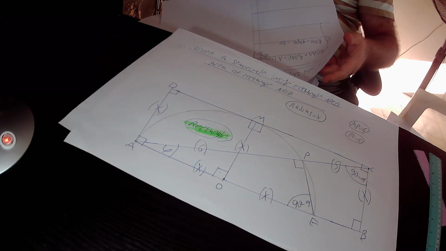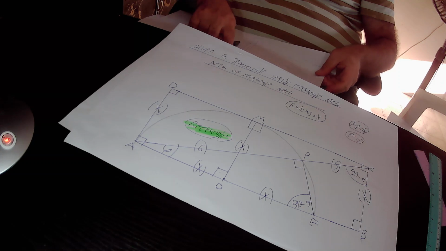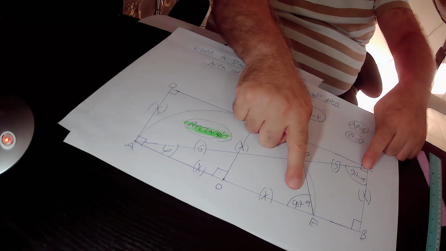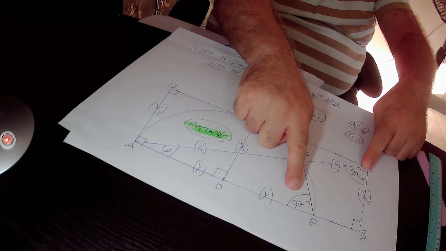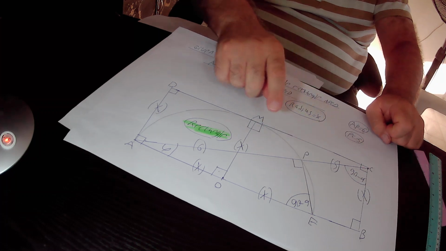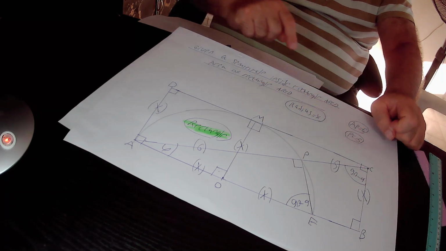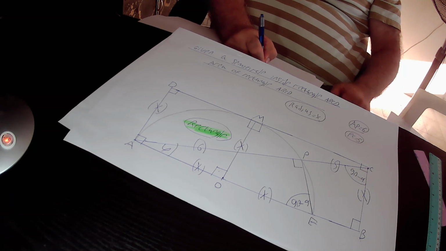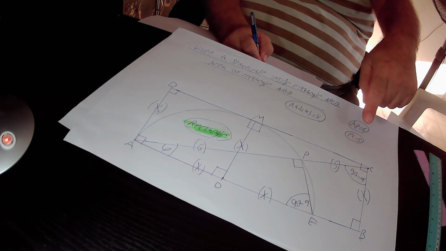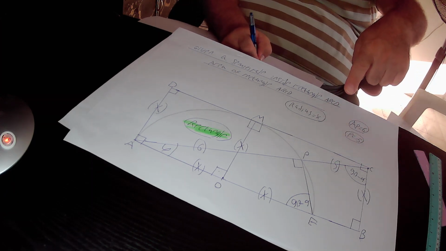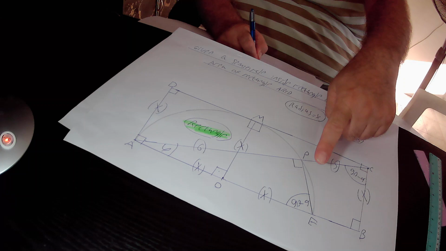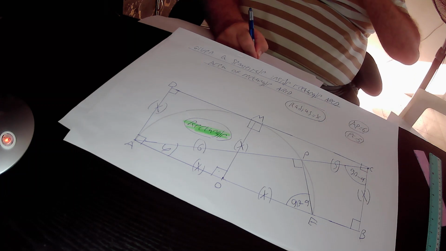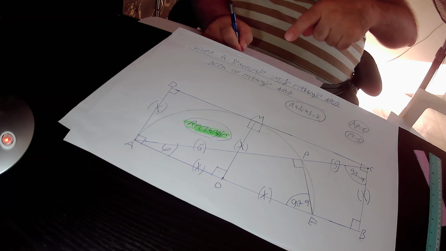And finally, those two angles, they are both equal to 90 degrees minus alpha, therefore they are equal to each other. So actually, this is angle ACB in the right big triangle ABC, and it is equal to this angle, that is actually angle PEA in the right small triangle APE.